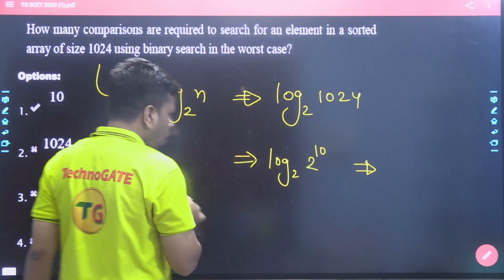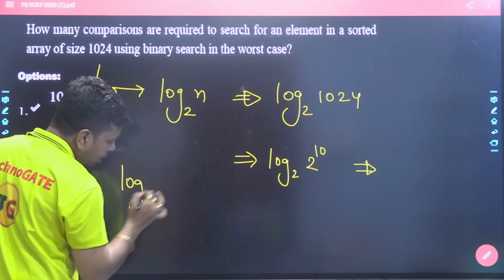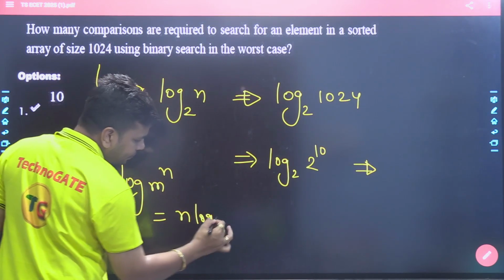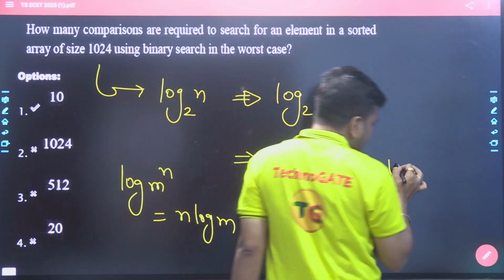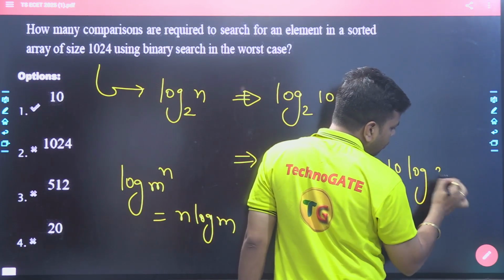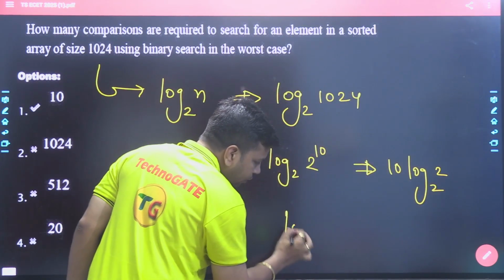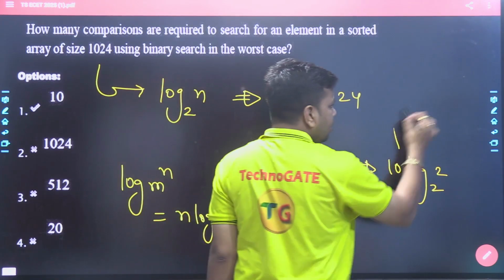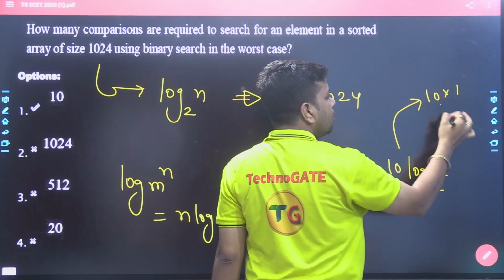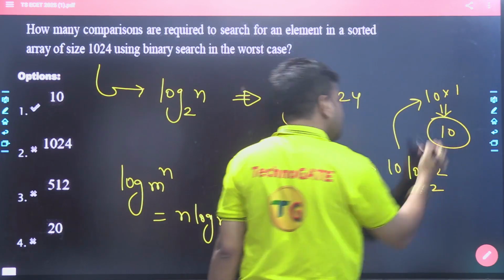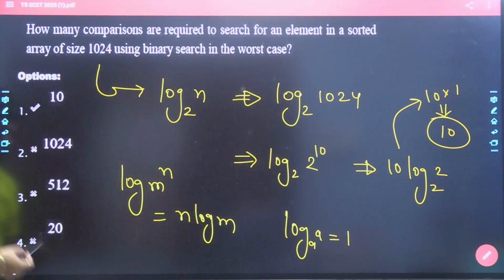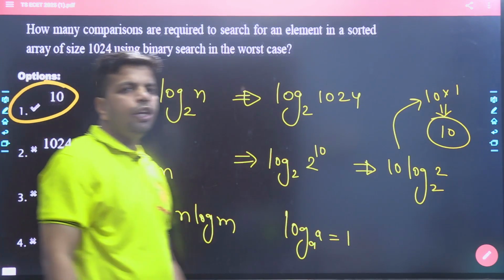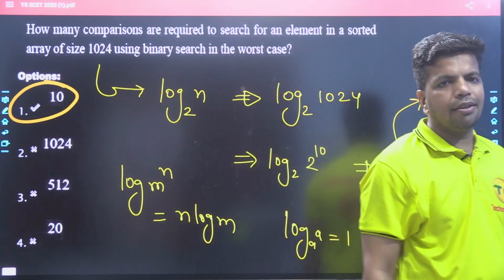Here we can apply the formula log m to the power n, so it becomes n log m. So it becomes 10 log 2. As we know, if the base and the value are the same, the result is 1. So this is 10 into 1. Your answer is simply 10. Got it? You simply apply the formula and you get your answer.